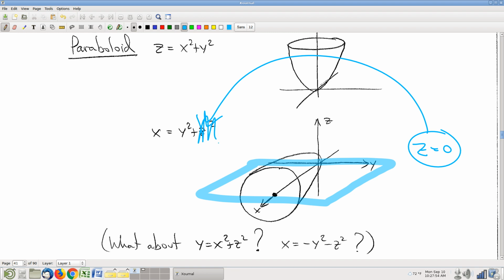That's an easy parabola, x equals y squared, sitting inside of this plane, that is. Looks like that. Rotationally symmetric around the x-axis, and we get that picture. Everybody happy? Okay. All right, very handy.